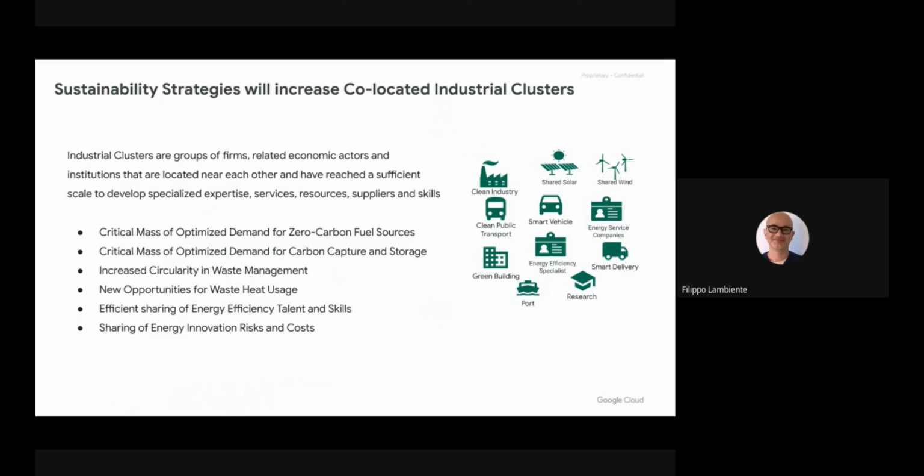For example, several actors like utility and energy companies, the public administration, the university, or industries that are trying to reduce their carbon and the generation of fossil fuel, are working together in order to leverage the benefit of the many in this particular co-located industrial cluster.